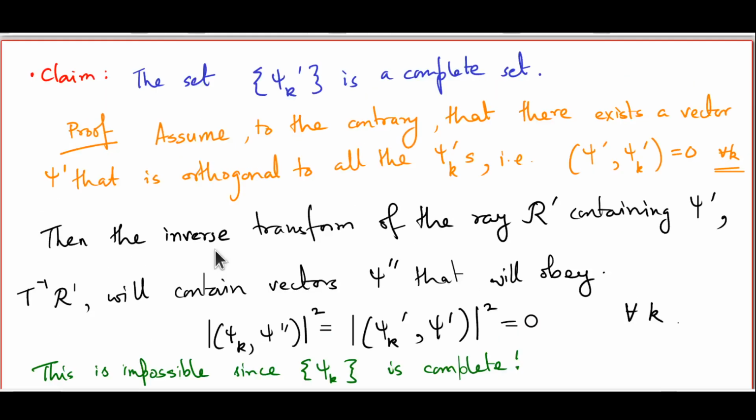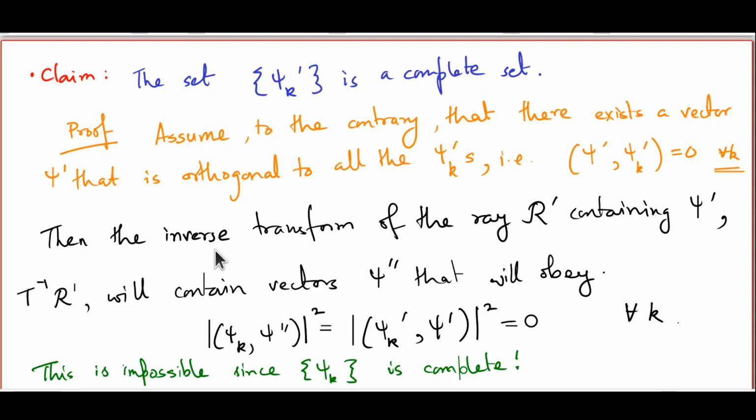So at this stage, starting from an orthonormal complete set psi k, we have landed up in a new orthonormal complete set psi prime k. Now, what must be clear to all of you is that if we think of the new vectors psi prime as a result of some operator U acting on the psi's, that is, psi prime k is the operator U acting on psi k, then if this operator happened to be unitary or anti-unitary, the inner product of psi k prime comma psi l prime would have to be either equal to psi k comma psi l in the unitary case, or its complex conjugate in the anti-unitary case.